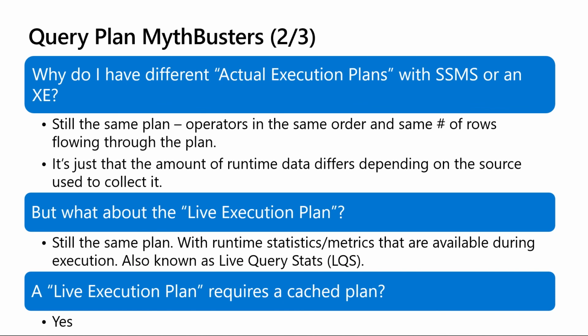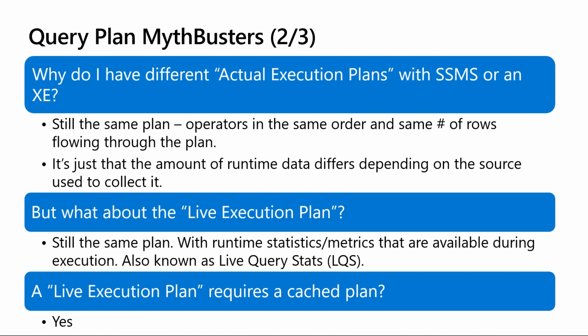It's still the same fundamental plan because all the operators are there in the same order, the same number of rows flows through the plan. It's just that the amount of runtime data will differ depending on the source that's used to collect it. We'll have XEvents that are more superficial, if you will, than others in the richness of the information that they collect.